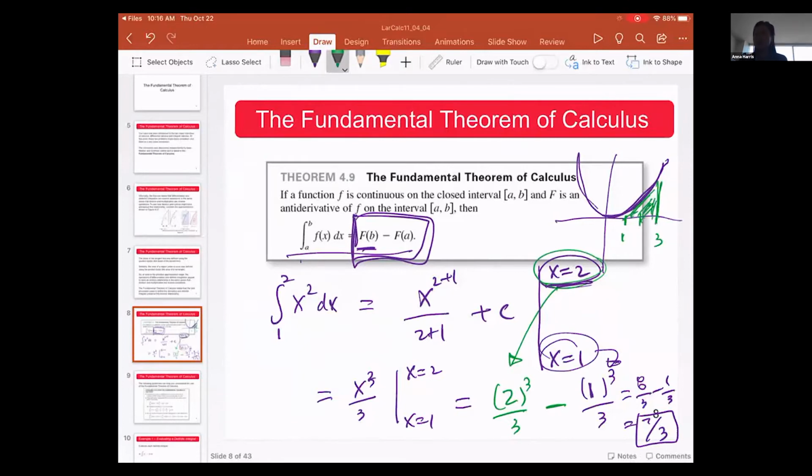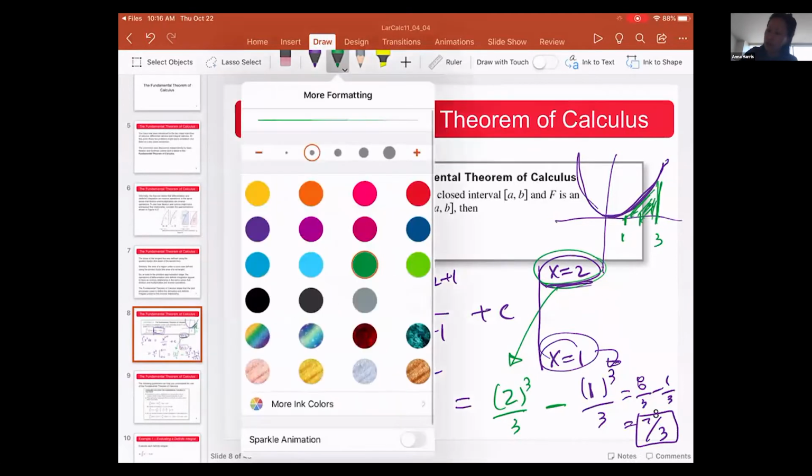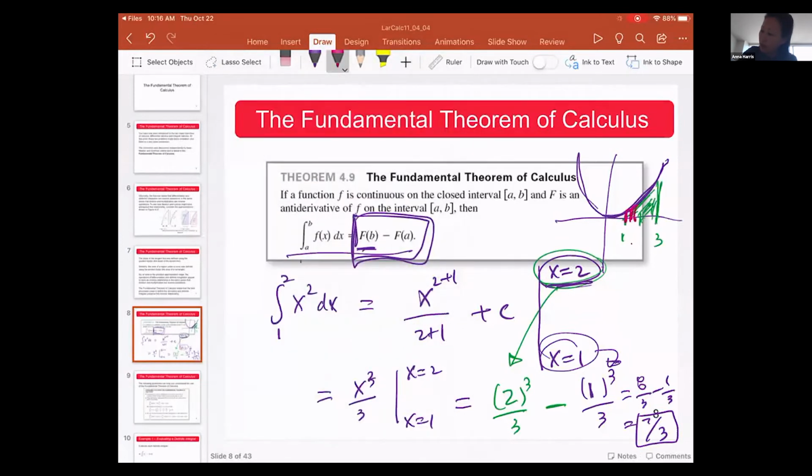Remember, we were using a Riemann sum to find area like that before, right? We used to draw small rectangles here, different rectangles, to figure out the area under the curve. Now I'm not going to draw rectangles to use a Riemann sum.